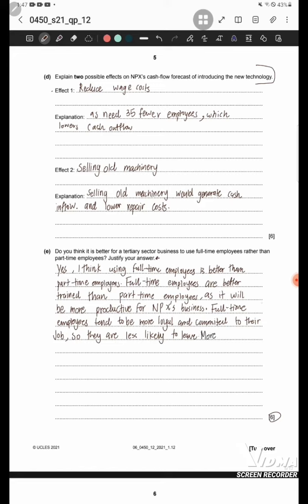Moreover, they would have a fixed payment, unlike part-time, which is more convenient and easier for the business owner or the recruiter.